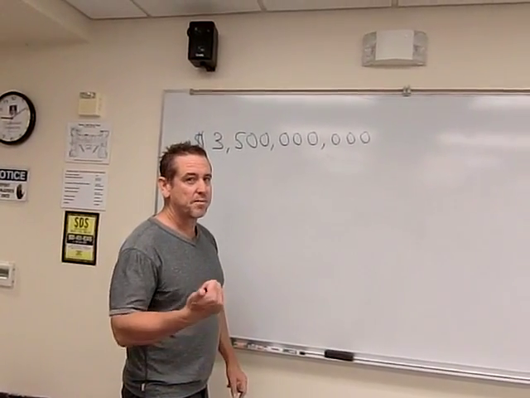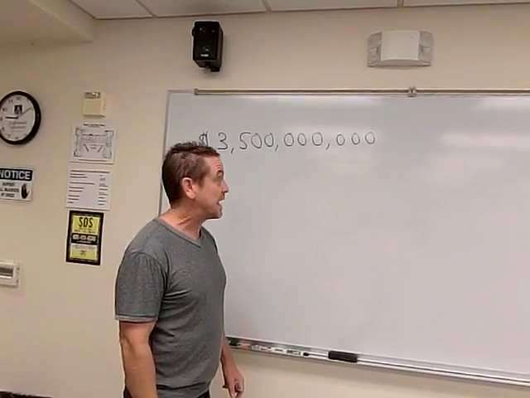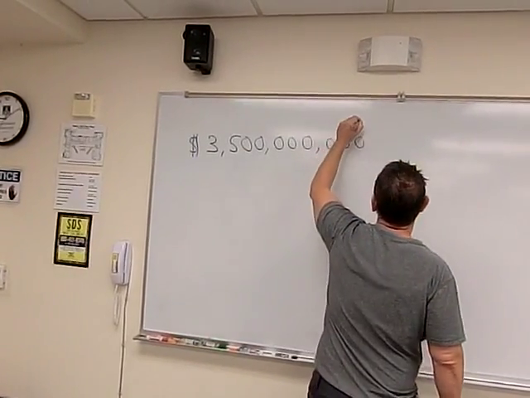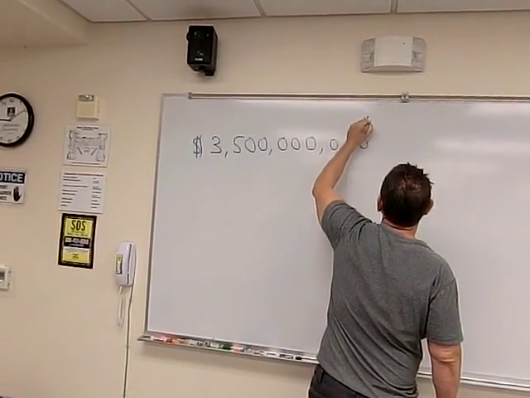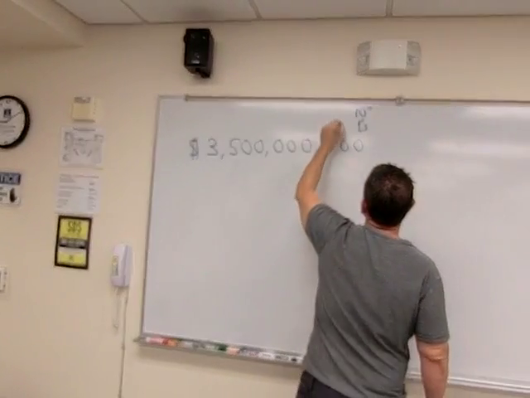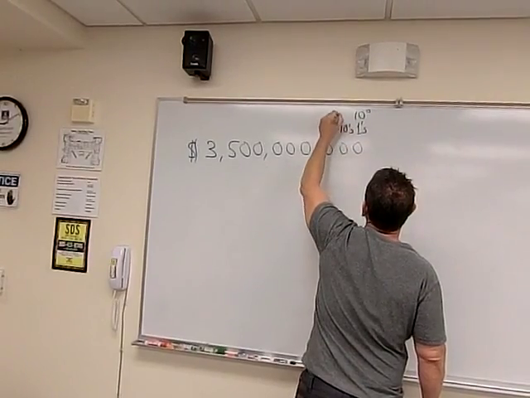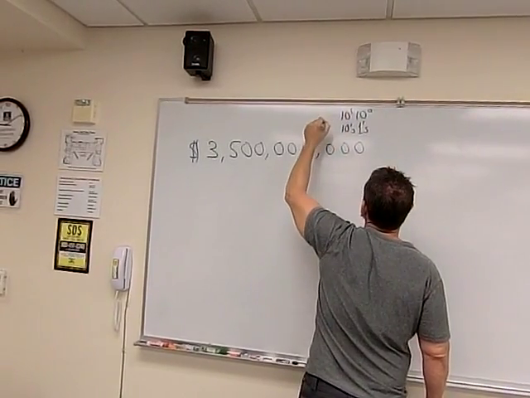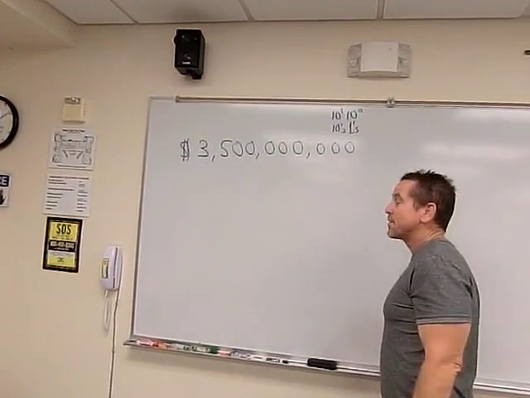And you remember from the first week of class, we talked about how this is the ones place, which comes from 10 to the 0 power, and this is the tens place, which comes from 10 to the first, and so on and so forth.